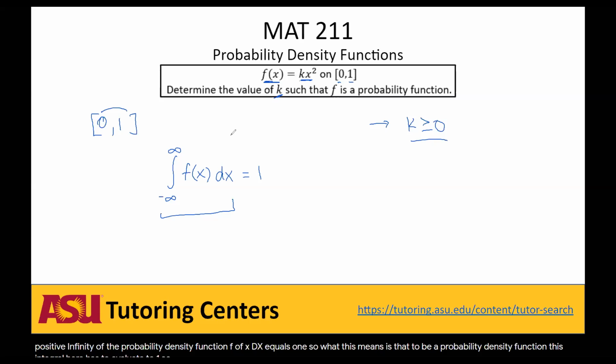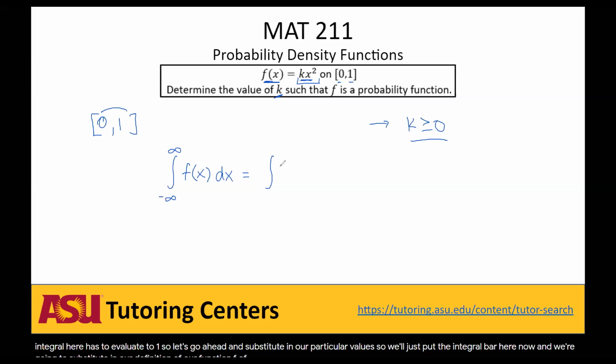So let's go ahead and substitute in our particular values. We'll put the integral bar here, and we're going to substitute in our definition of our function f of x. So k x squared dx. Now note that f of x is restricted to the range 0 to 1.